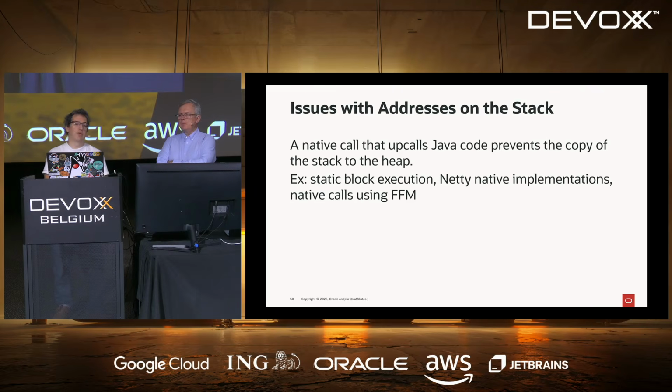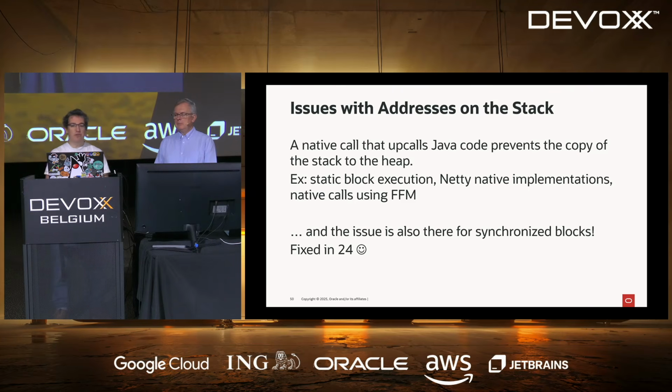If you use the new FFM API, you can call C code that will call a callback back in Java. You have exactly the same issue. So basically, if you are only using Java, that's nice. If right in the middle of your stack you have C code, you have a C stack, then you are pinning the virtual thread to the current carrier thread.